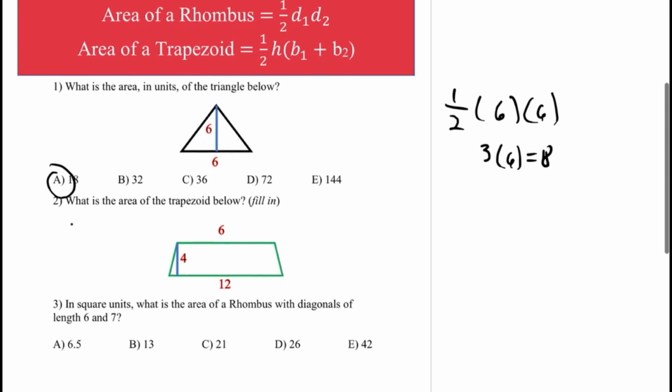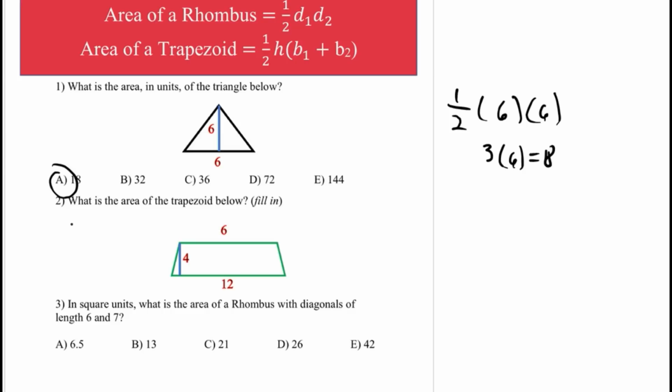Number 2. What is the area of the trapezoid below? This is a fill-in. I know there's no fill-ins on the ACT Math, but this is a teaching segment. So just learn how to do the area of the trapezoid. It's 1/2 the height. Here's the height, which is 4. So 1/2 of 4 times base 1 plus base 2.